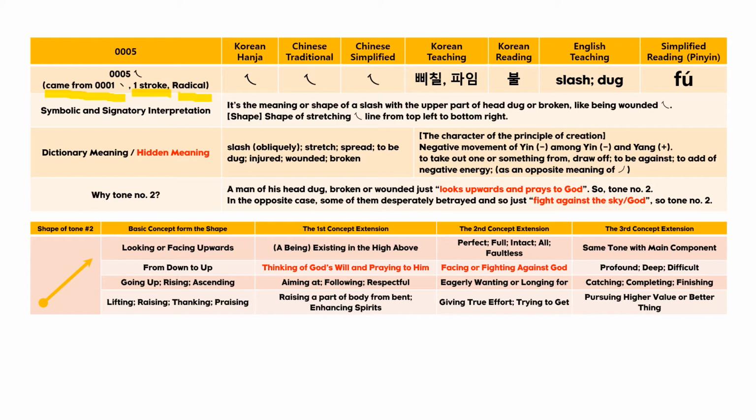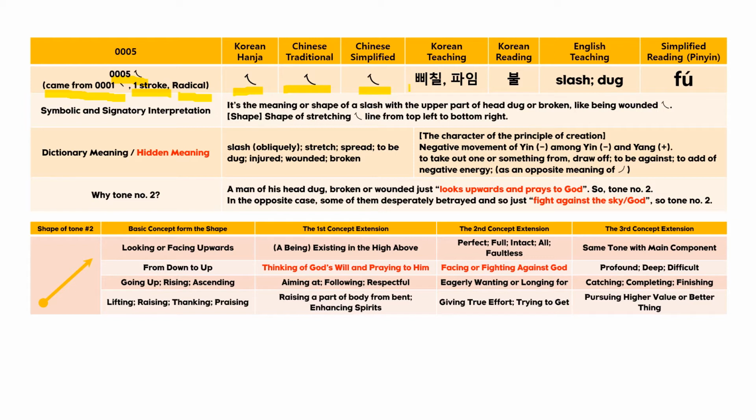Hidden meaning was you have learned the sky. It's a dot. Okay, so the Korean Hanja and Chinese traditional and simplified are all same.